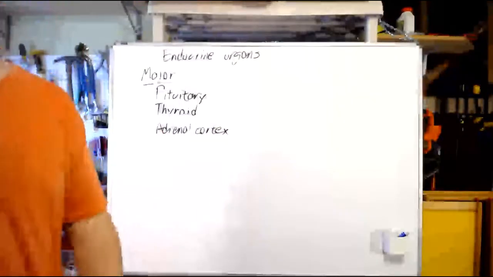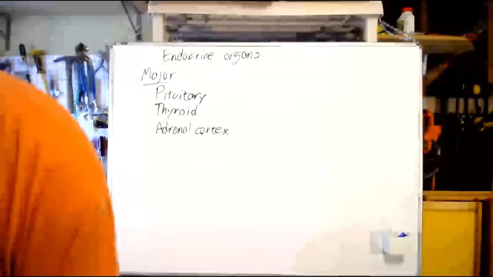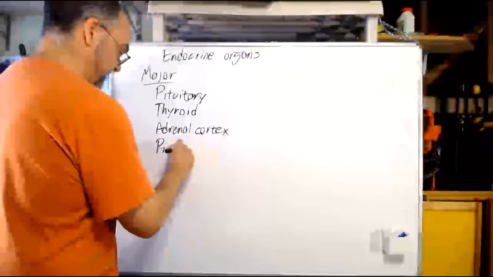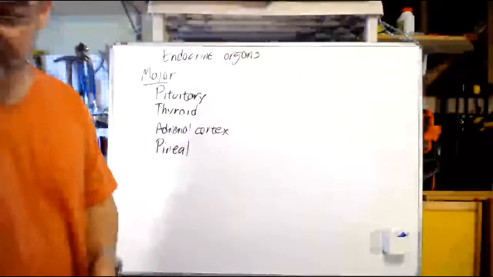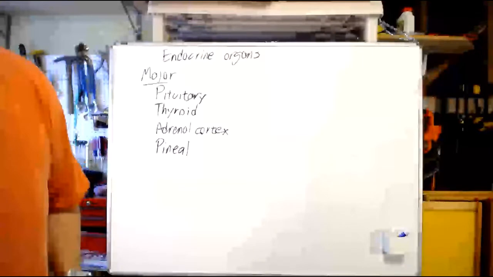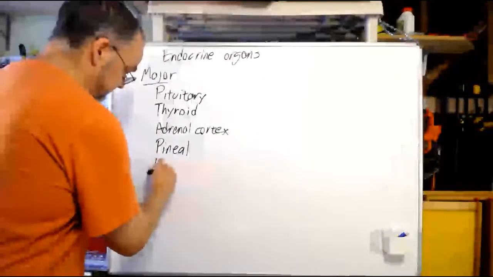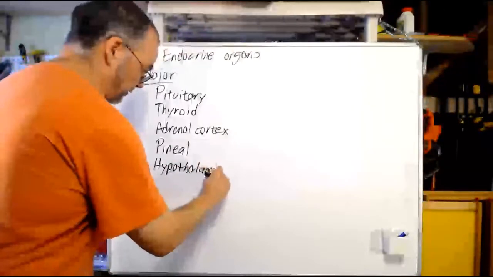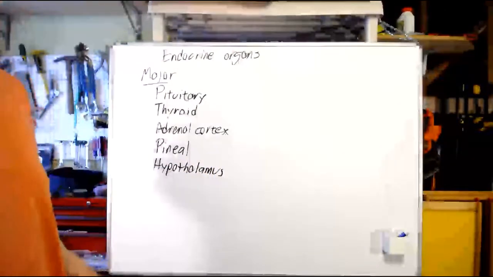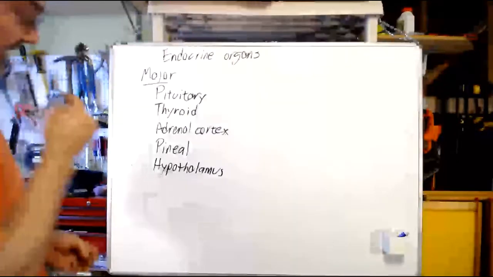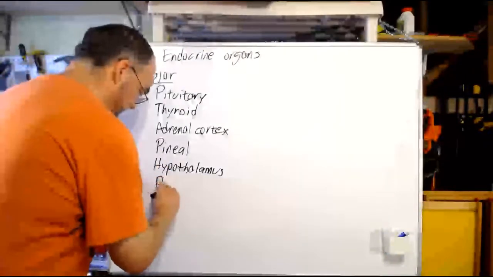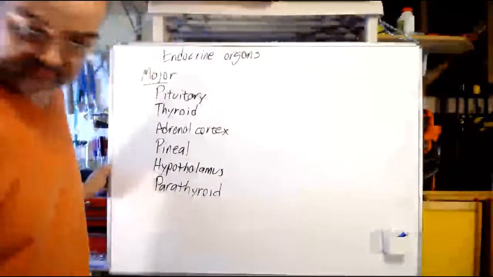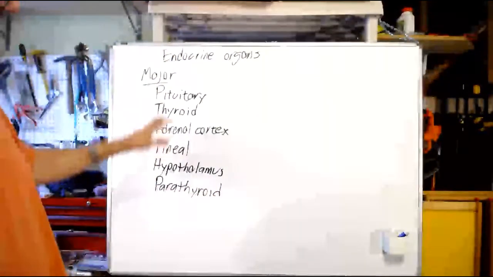These are really things that don't have a lot of function outside of the endocrine system. The pineal gland, the hypothalamus, although that certainly has roles outside of the endocrine system. The parathyroid glands, yeah, that's a pretty good list.